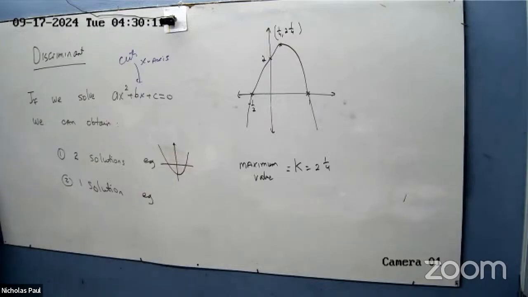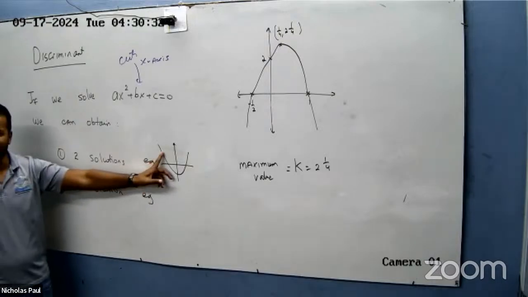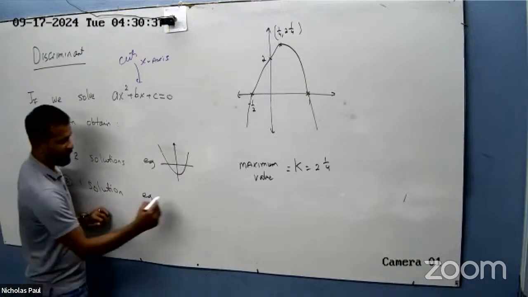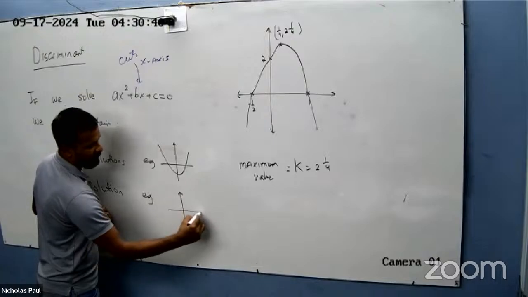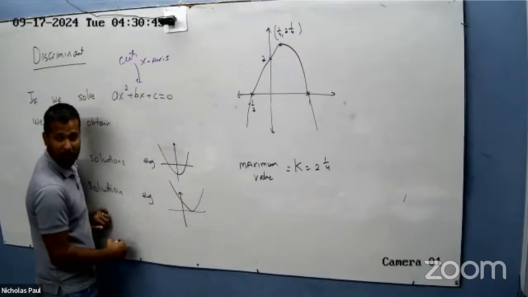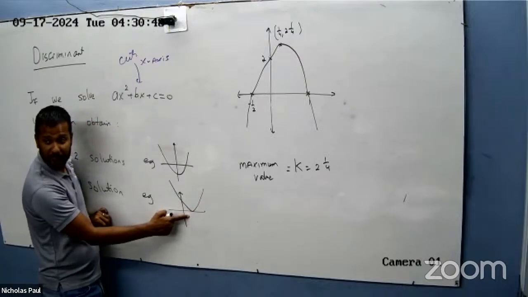Once. Anyone want to guess what it might look like? Yeah, you're getting there. Close, it could be on either side. Remember it's a quadratic and it's always shaped like this. Any other guess? Well, I could use what you said. It might look something like this. How many times does it cut in there? Once.